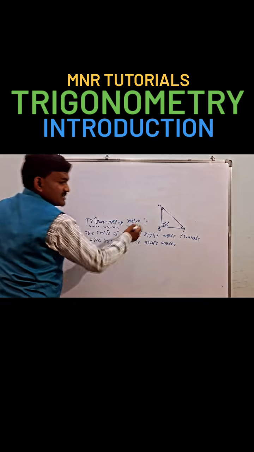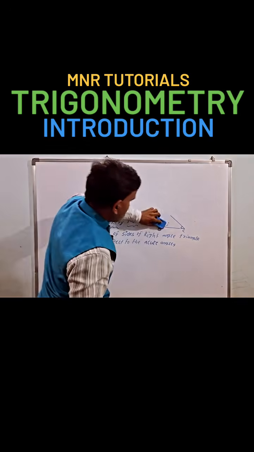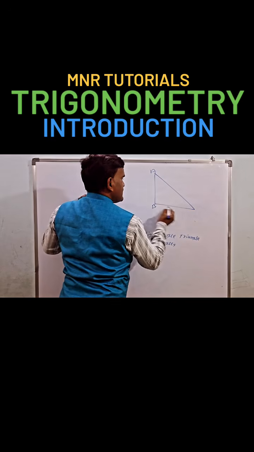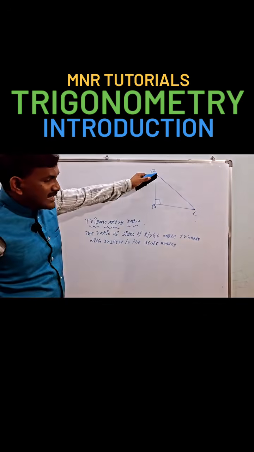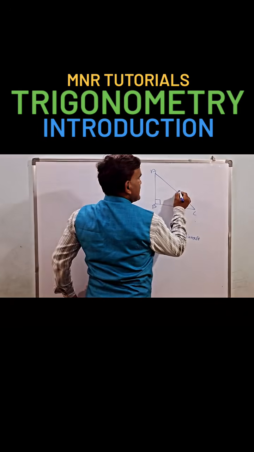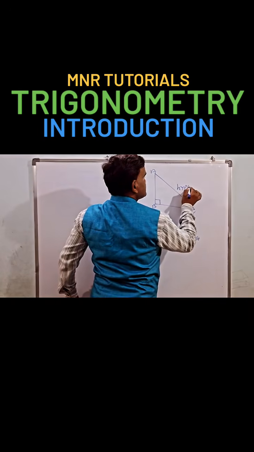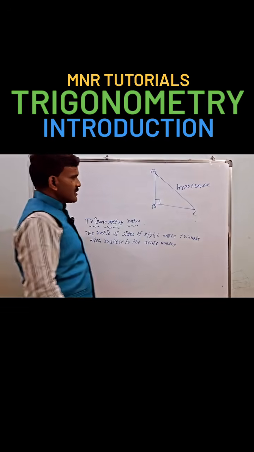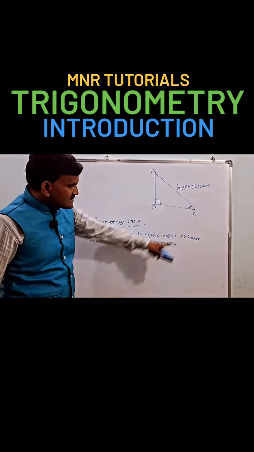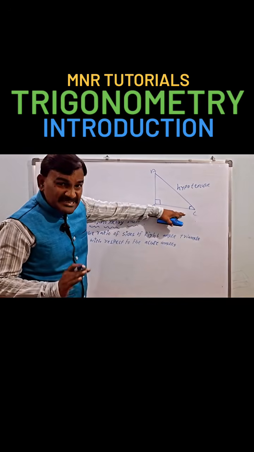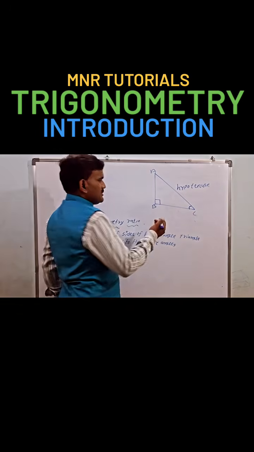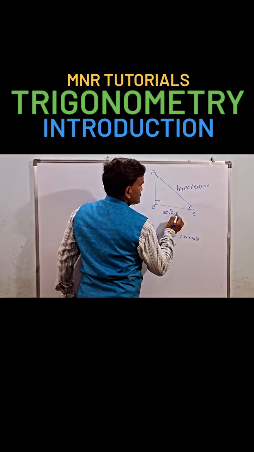Here in triangle ABC, the longest side of this triangle is the hypotenuse. Now consider angle C. The side touching this angle is the adjacent side.